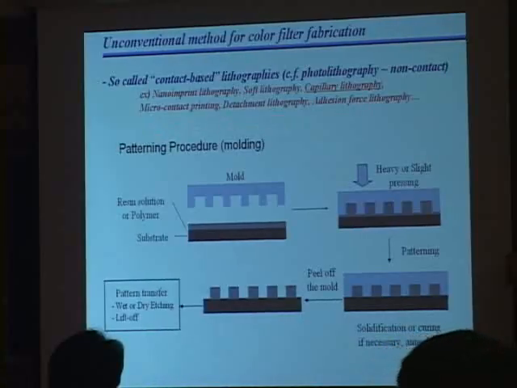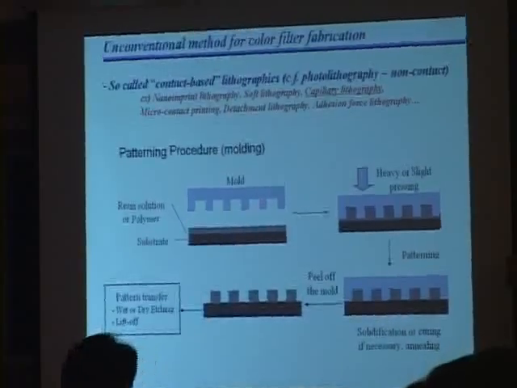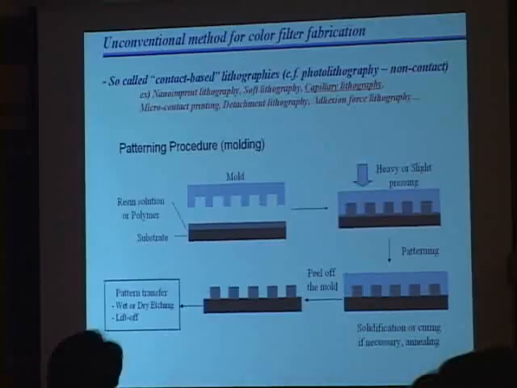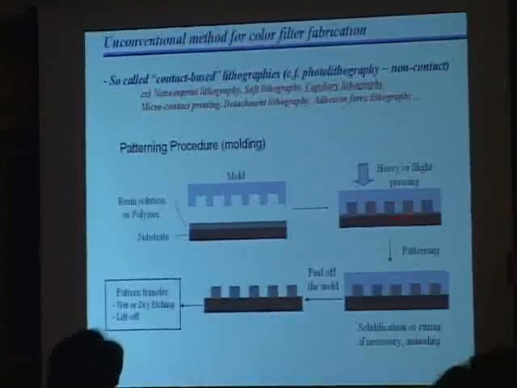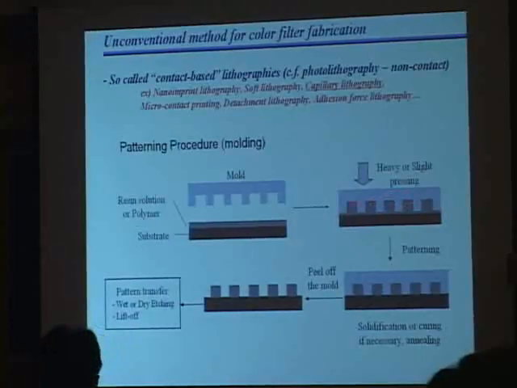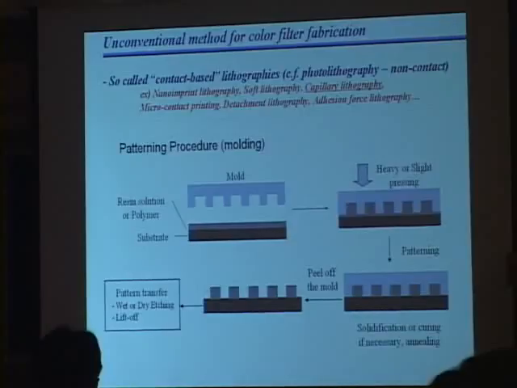So a typical procedure is like this. This is molding case. First, a pattern mold is necessary. So every unconventional contact-based lithography utilizes the direct contact between the mold and thin polymer film. So this mold is placed on top of a thin polymer film. Then this process induces the deformation of a thin polymer film into the mold cavities by using different physical forces.